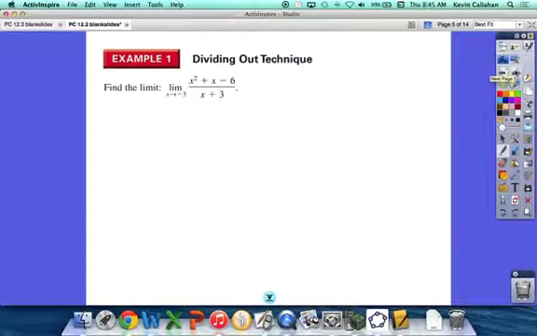So dividing out technique. The limit as x approaches -3 of this here. The first thing you try is direct substitution. Plug in x equals -3 into the numerator and denominator, and what do you get?